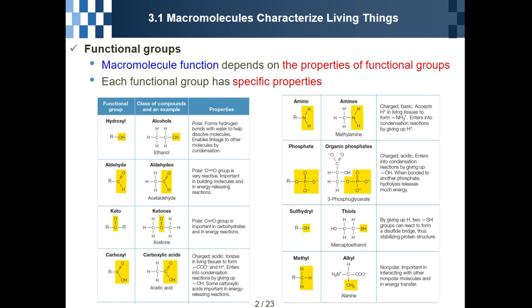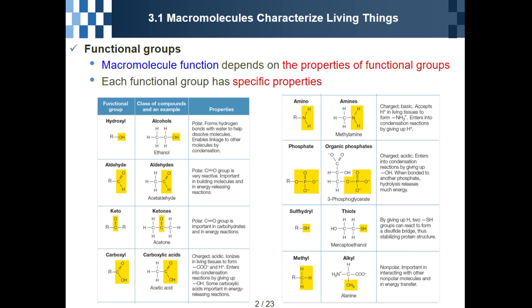Aldehydes are very reactive because they have the aldehyde group like this. And also we already know that the carboxyl group is like this. All of the acidic components have this carboxyl group.